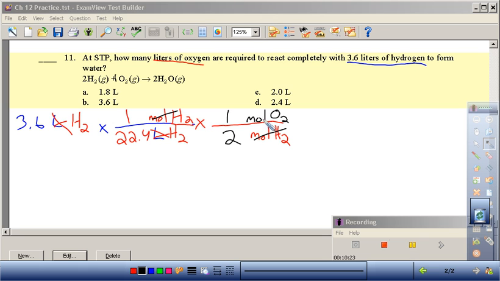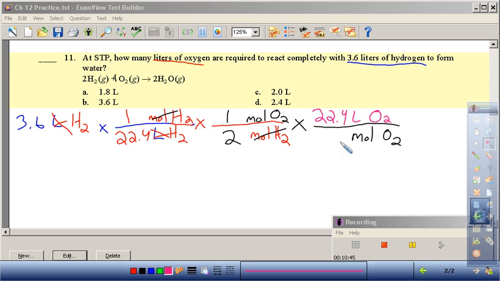Cross off my like units. I'm in moles of oxygen. Am I done? Well, no, because the question asks for liters of oxygen, so I got to keep going. So I don't want moles of oxygen. I do want liters of oxygen. And this is one to memorize again, 22.4 liters per 1 mole.